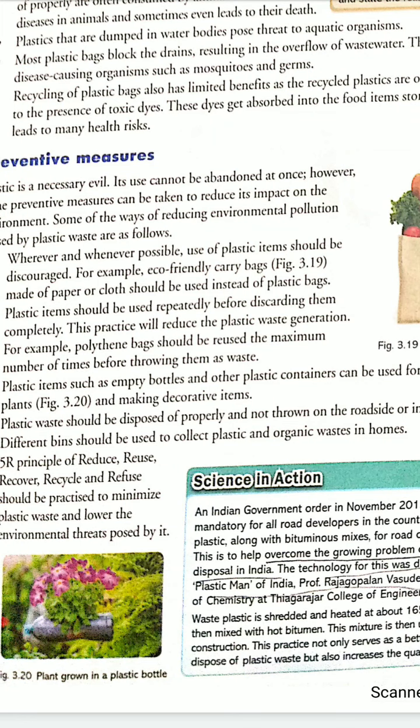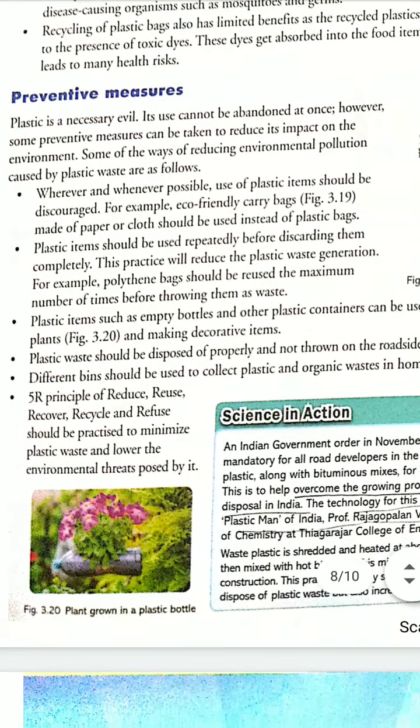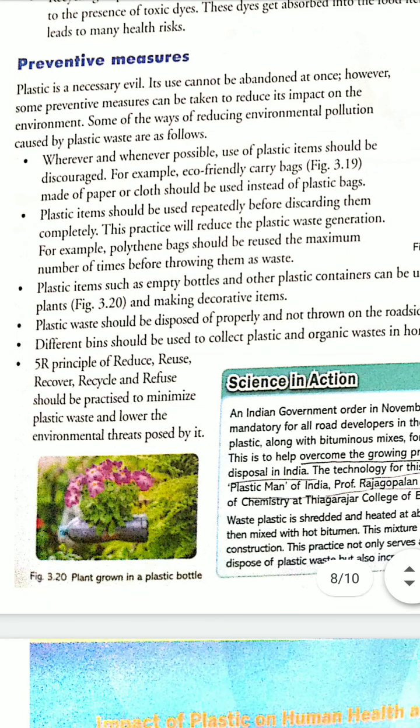So we have some preventive measures also, since plastic is a necessary evil. What does it mean? It is necessary for us, and it is also not good for our environment. Once it is created, it is very difficult to degrade it, isn't it?